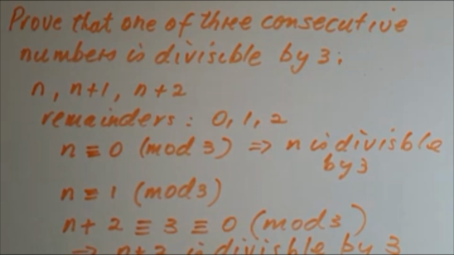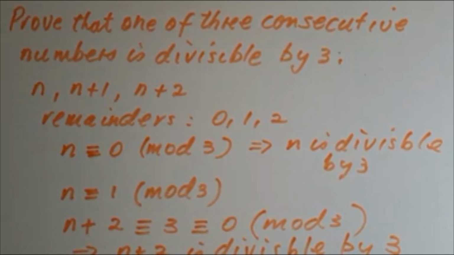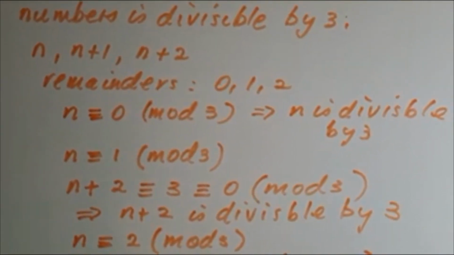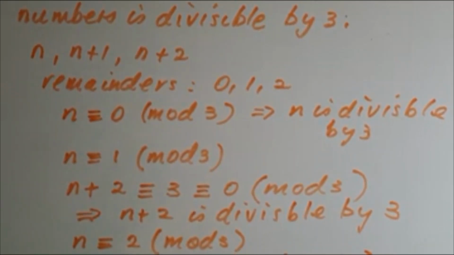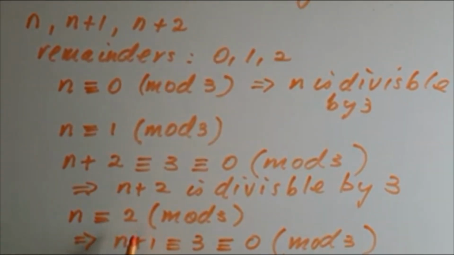And lastly, if we put that n is equivalent to 2 mod 3, then that implies that if we add 1 to each side of this congruence, n add 1 is congruent to 3, which again is congruent to 0 mod 3.